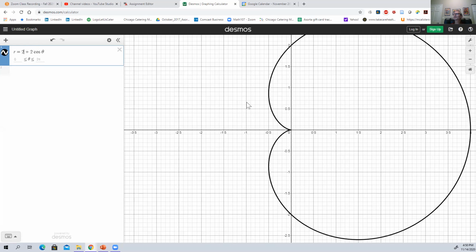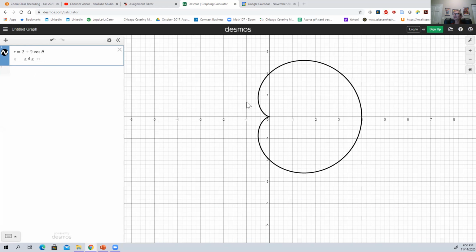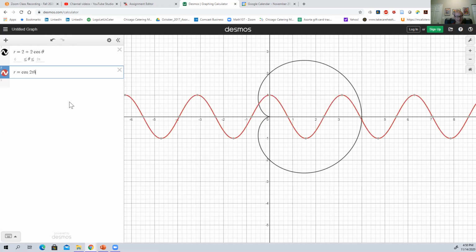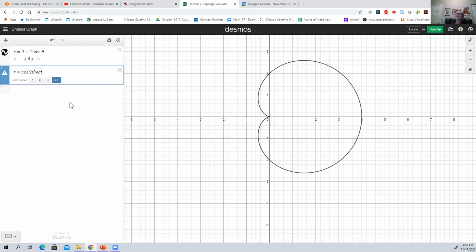There we go. So you can see that was theoretically the equation that I was trying to show you before. And here's one that has the four-leaf clover. And this was cosine of 2 theta. Spell theta right. And you can see here's our little four-leaf clover.